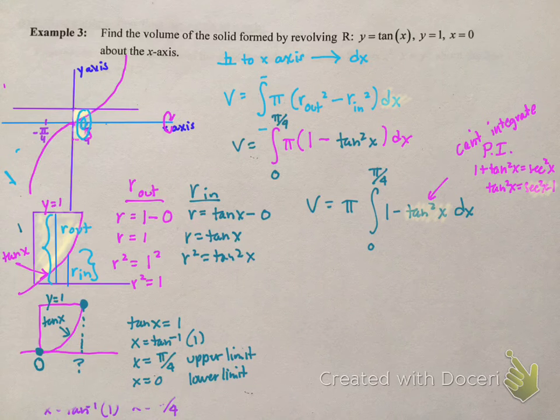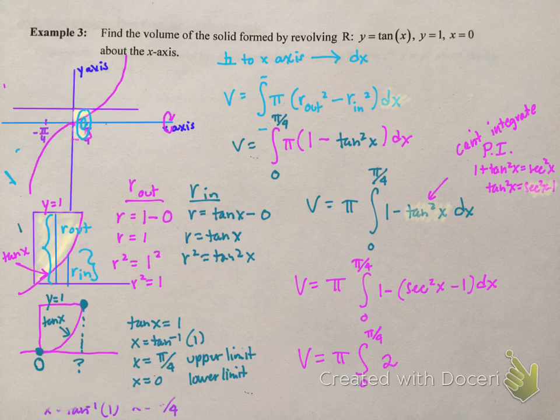So let's do that. So volume equals pi times the integral from 0 to pi over 4 of 1 minus (secant squared x minus 1). Notice I put that in parentheses so I don't lose that negative sign. So to simplify it again, before we integrate, we get pi times the integration from 0 to pi over 4. And then 1 plus 1 is going to give me 2.